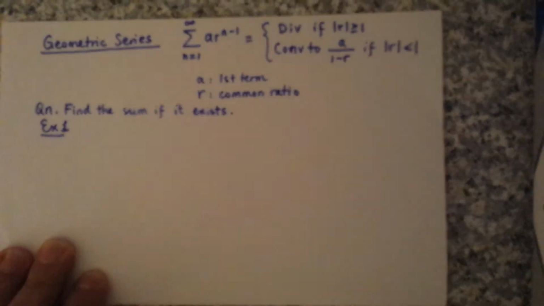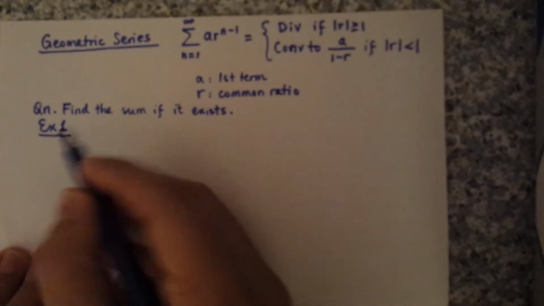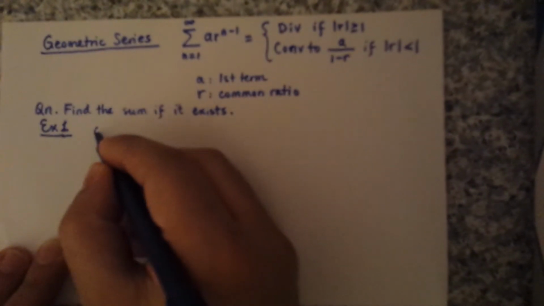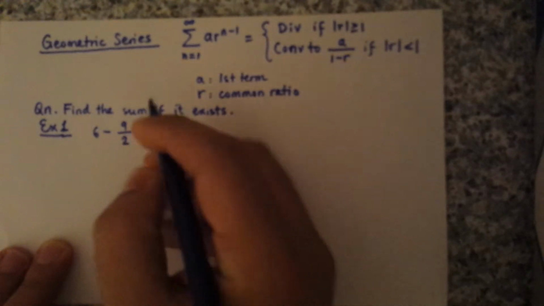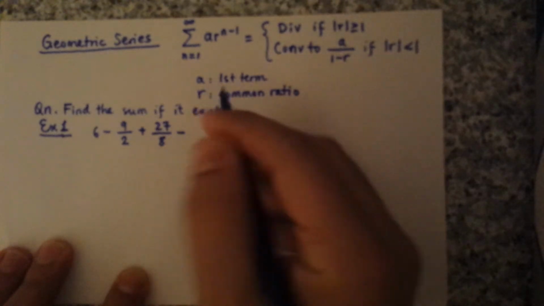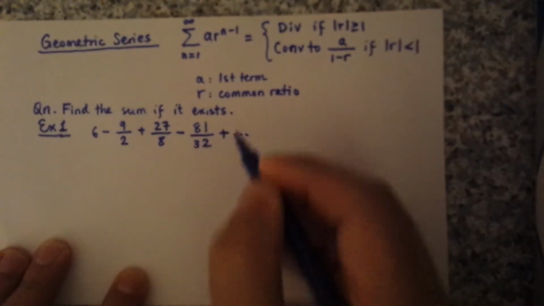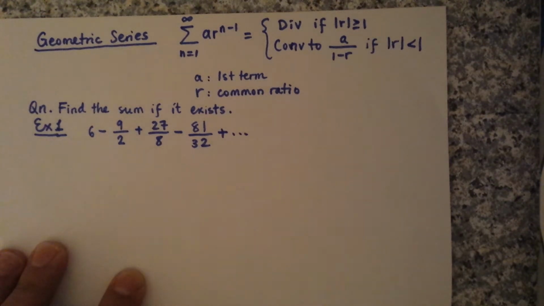So the problem is just find the sum if it exists for the following example. So example 1, look at this sum: 6 minus 9 over 2 plus 27 over 8 minus 81 over 32 plus, and so on.